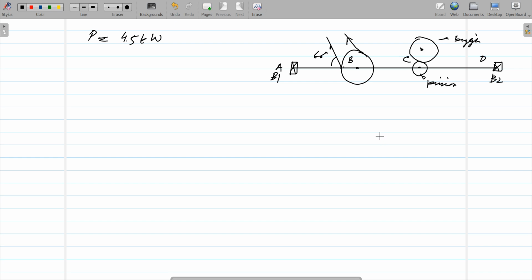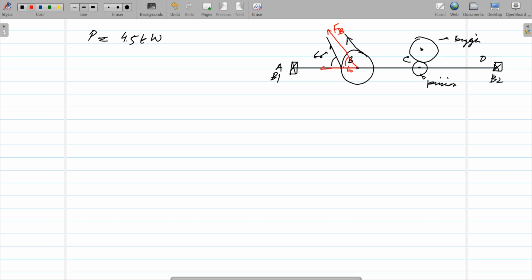Now the first thing that you have to do is to draw the forces, the action forces or the bending forces of these two elements, the pulley and the gear. So first of all, I have to use a different color. What we have here is the force that can be translated here as FB, which is the bending force of the pulley. Because of the 60-degree angle, we have two forces.